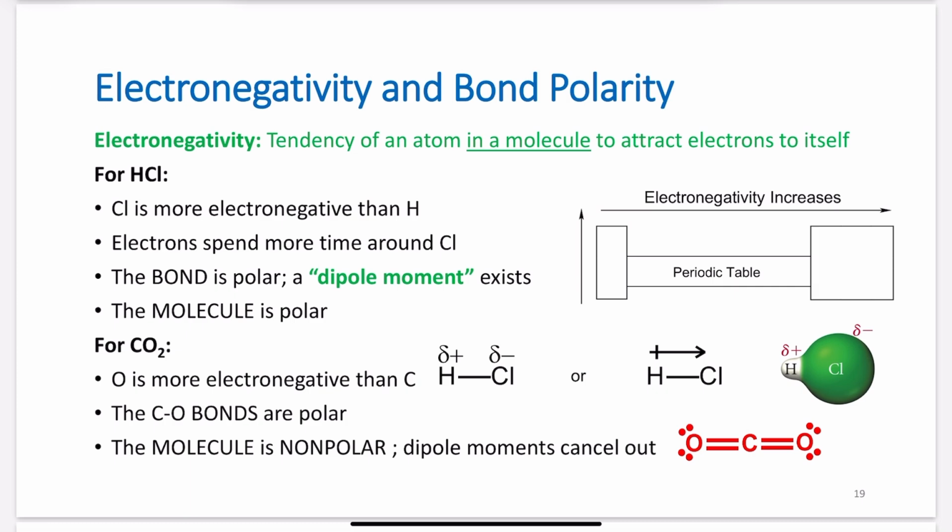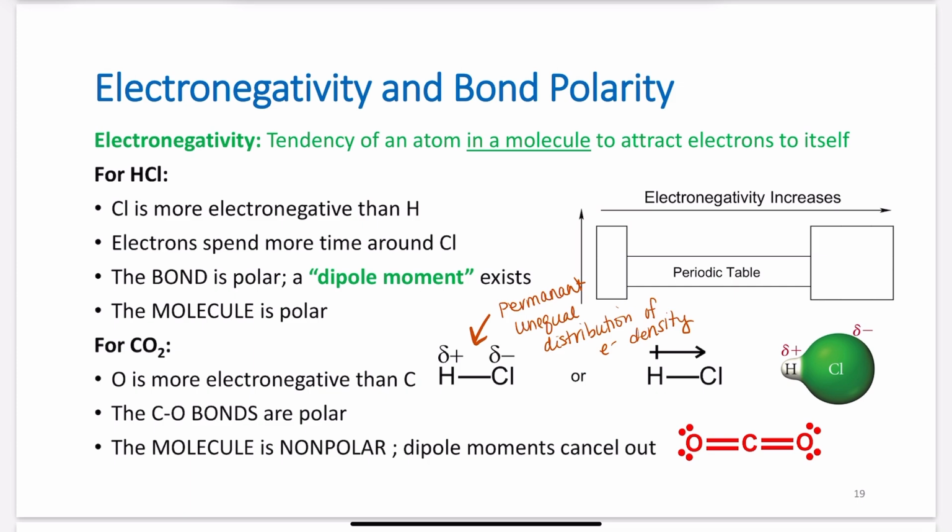Because of that, there is a permanent dipole, meaning a permanent unequal distribution of the electron density, meaning the electrons are hanging around the chlorine more, it produces a polar molecule.